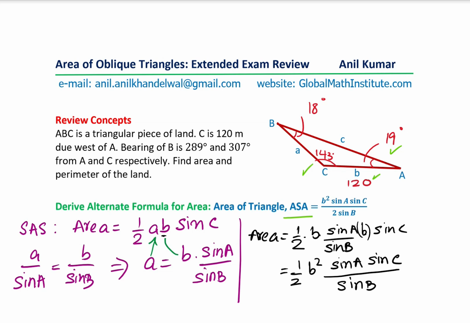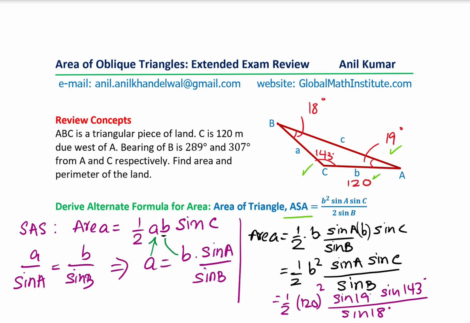Let me now substitute the values. We got half of B square, which is 120, sine of A, which is 19, sine of C, which is 143 degrees, divided by sine of 18 degrees. Let's calculate this and check our result.